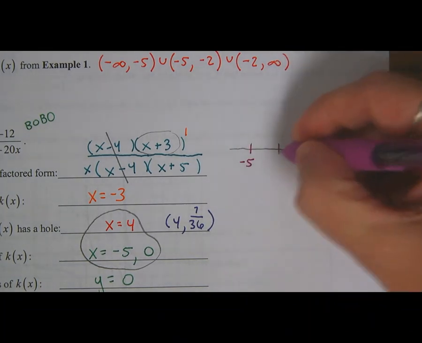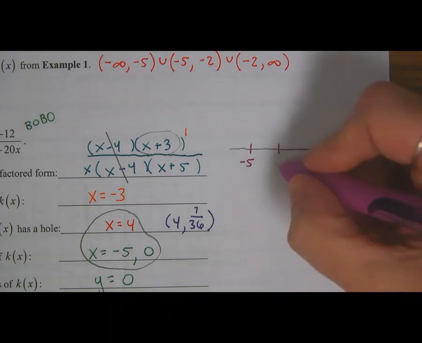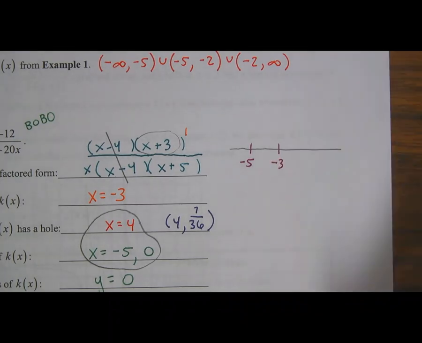I want to figure out what's going on between that vertical asymptote and the 0. And I want to know what's going on between that 0 and the other vertical asymptote. So it's essentially just a sign chart. If we can see if y is positive or negative, then we're going to know how to draw this thing. Again, this is way harder than the one that was on the test.